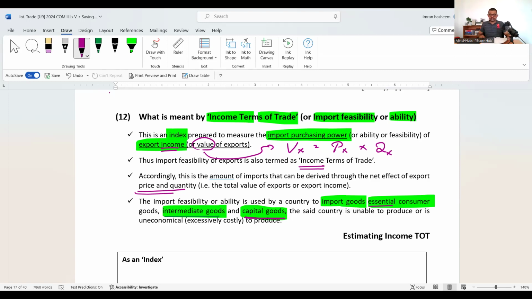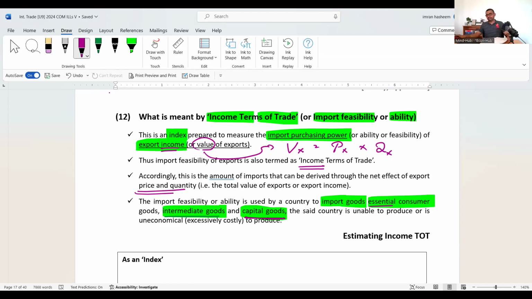So what are the three things that especially developing countries like ours tend to import? Essential consumer goods, intermediate goods, and capital goods. To do this, we need to have a feasibility. We need to have an ability. What gives us that ability or feasibility is our income terms of trade or our export income.